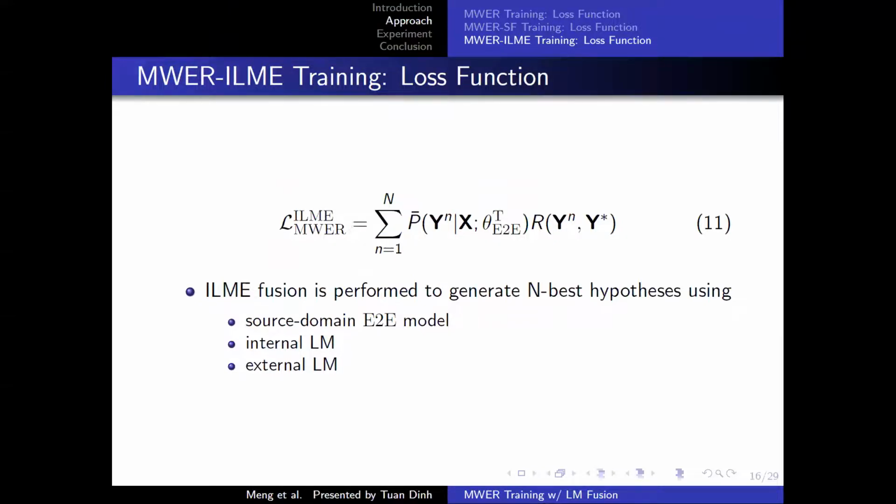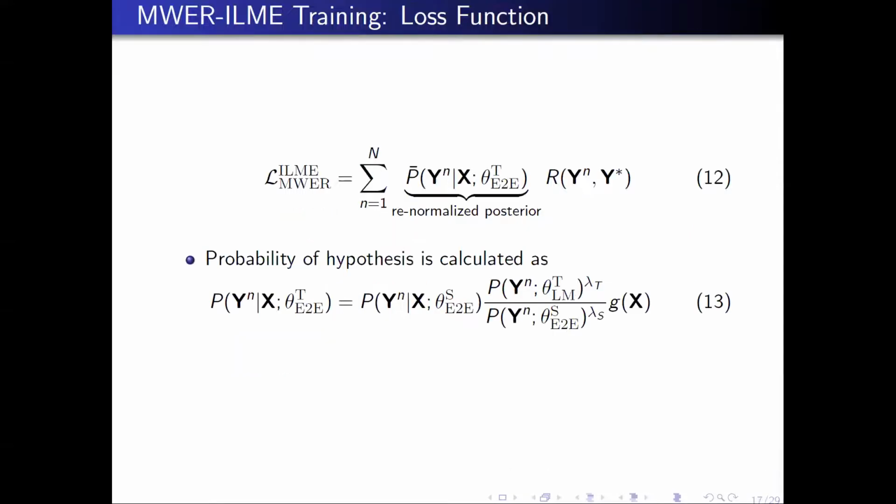Lastly, how do we integrate the ILM fusion into MWER training? Basically, ILM fusion is performed to generate n-best hypotheses using the source domain end-to-end model, the internal language model, and the external language model. P-bar is the renormalized probability of ILM fusion.